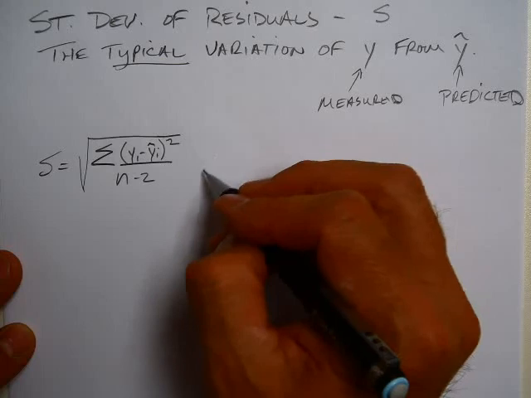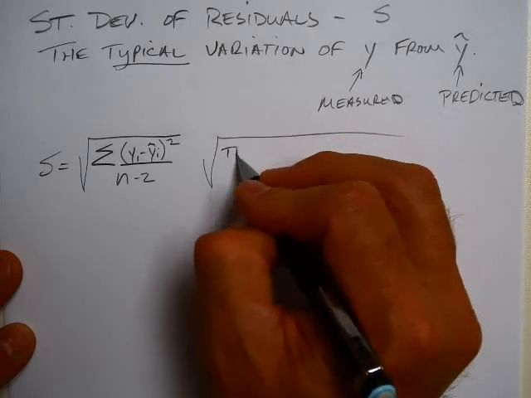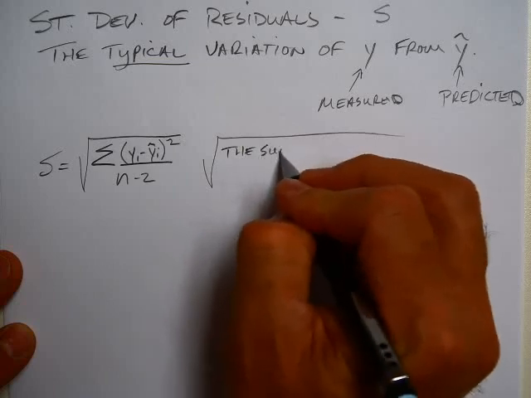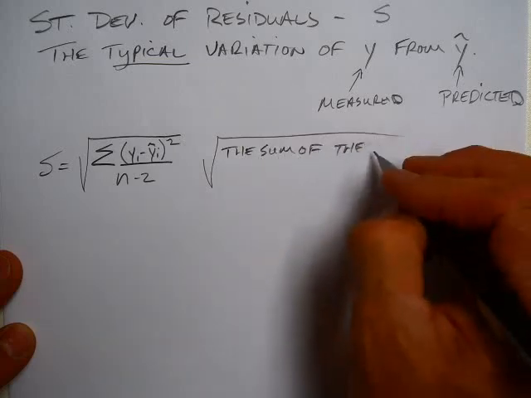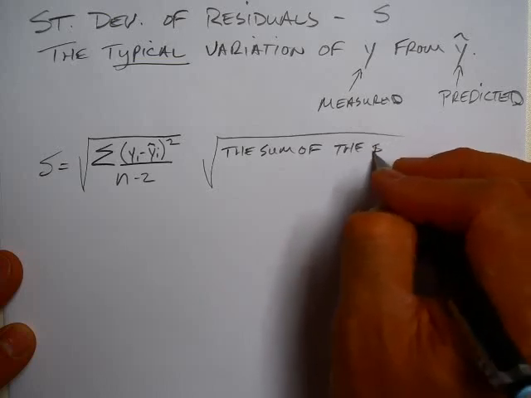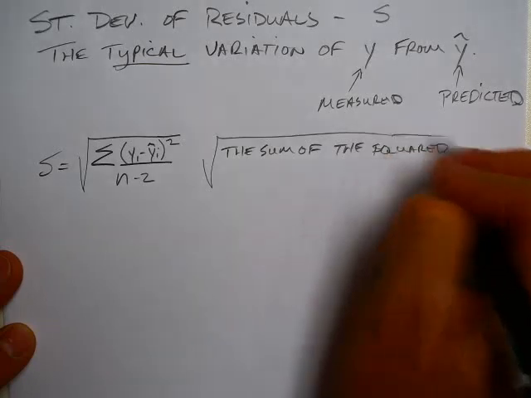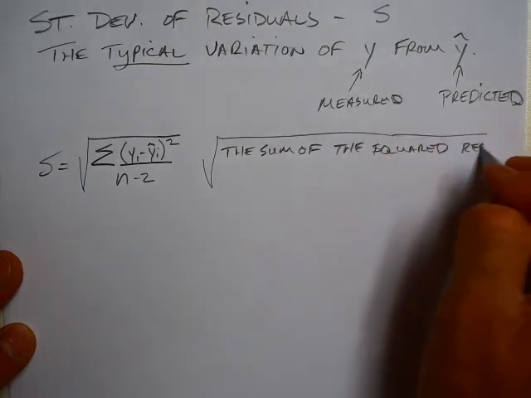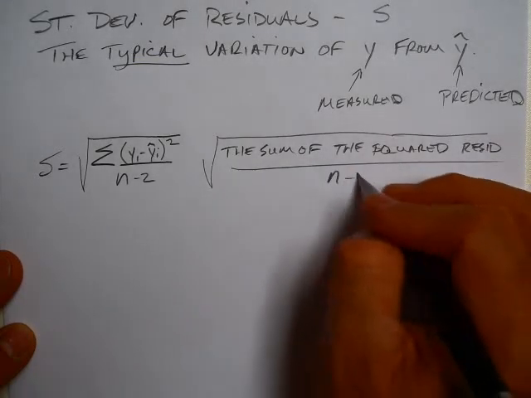A better way to write that is the square root of the sum of the squared residuals divided by n minus 2.